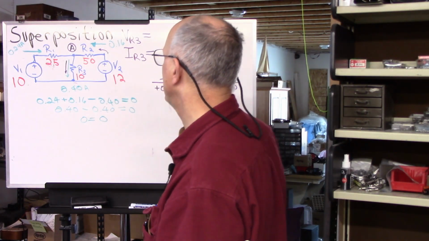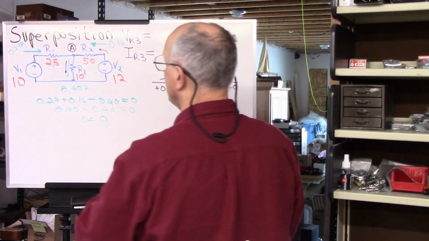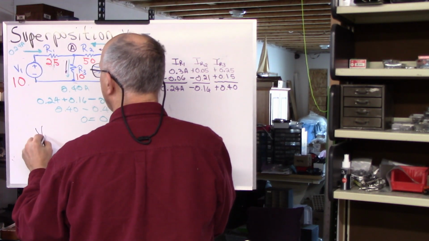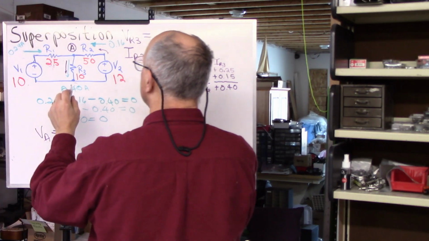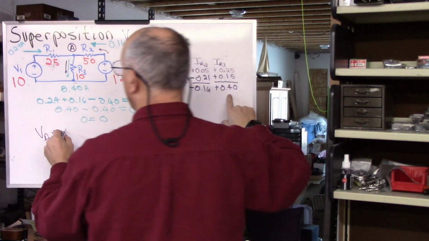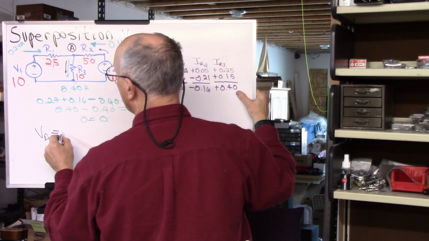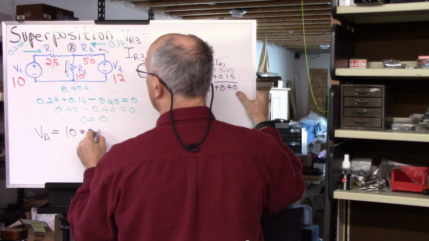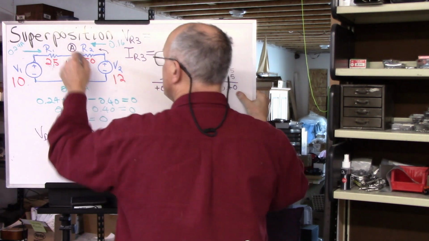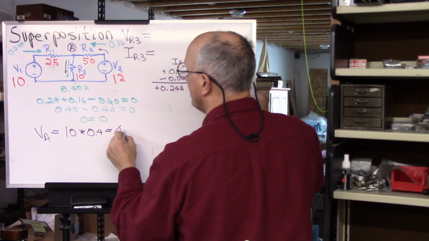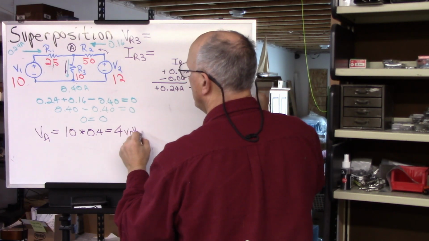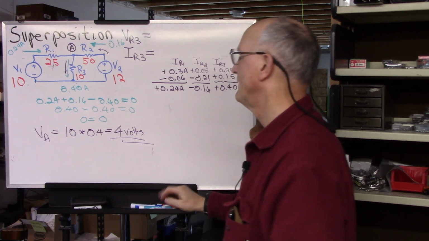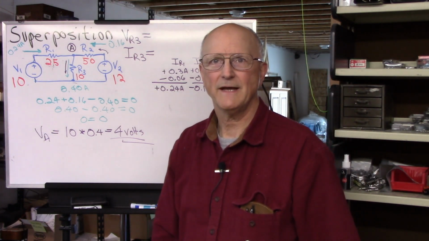You now know what the voltage is at A, because you have a 10 ohm resistor, and you know that it has 0.4 amps going through it. So you have a 10 ohm resistor times the amperage going through it. So that means that the voltage at A is going to be 4 volts. Wow, that's pretty cool.